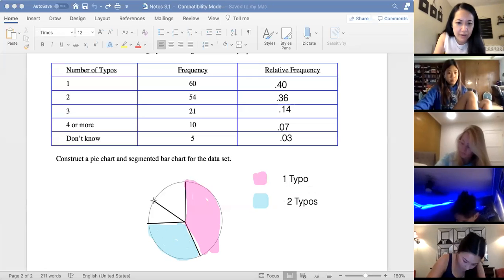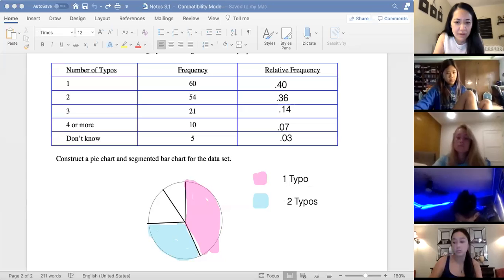Okay, so maybe around here. Okay, and I'll make this yellow.